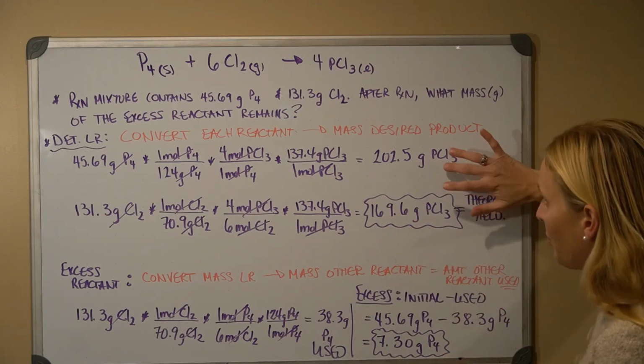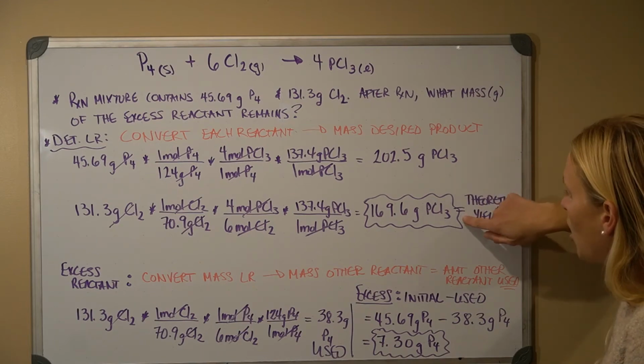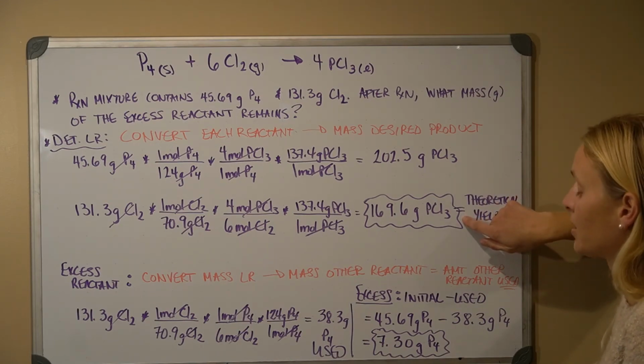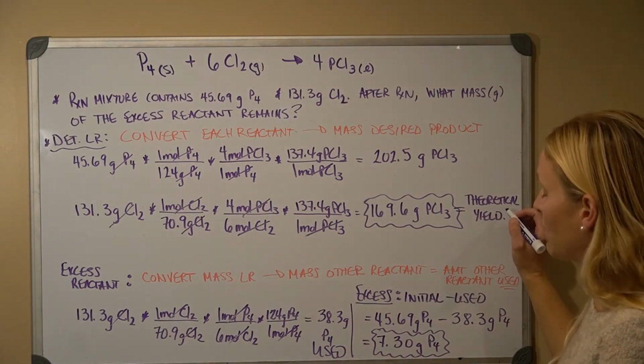Then we compare the two masses, and the smaller mass is all that we're going to be able to make. So that's my theoretical yield.